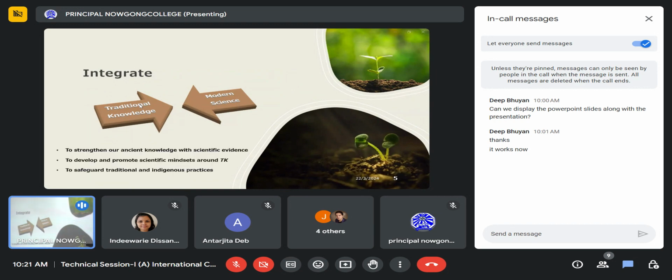It is quite important that not only we document them, but also support that knowledge and those traditional practices with systematically conducted scientific studies. Only then do I believe we can spread the scientific mindset among the new generation and at the same time safeguard traditional knowledge and indigenous practices.